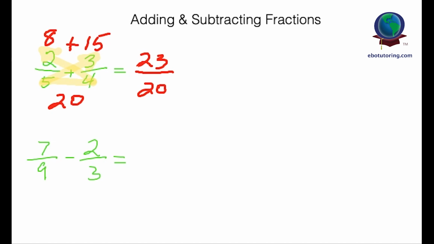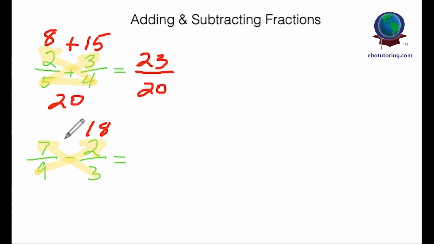Again, what we do, start from the bottom of the first one, multiply up. What does that give us? 9 times 2, you guessed it, is 18. Then we have multiplying from the bottom of the other fraction. 7 times 3, 21.